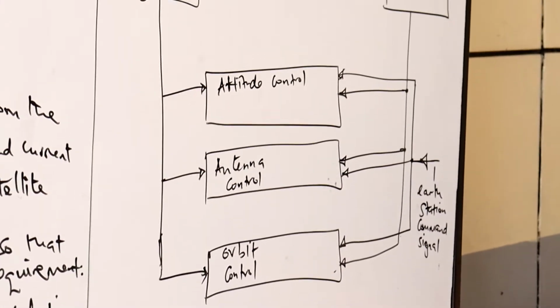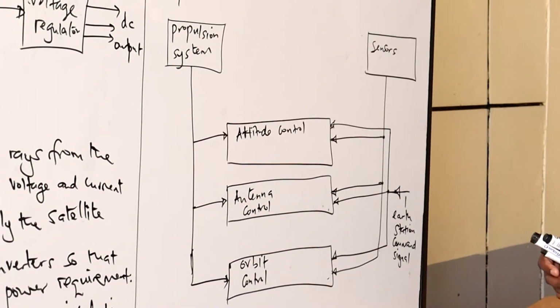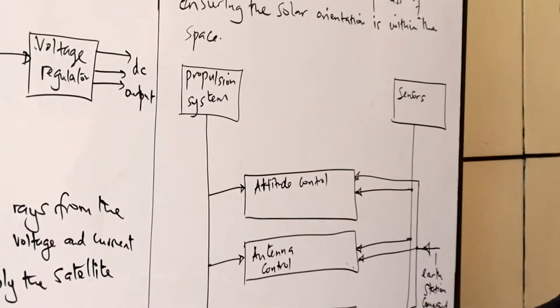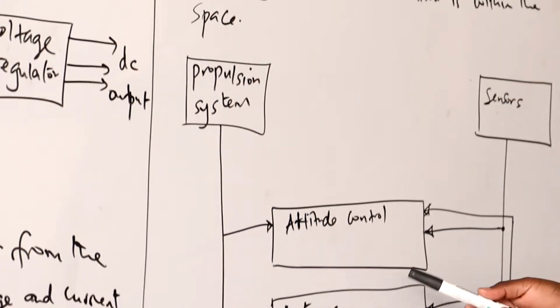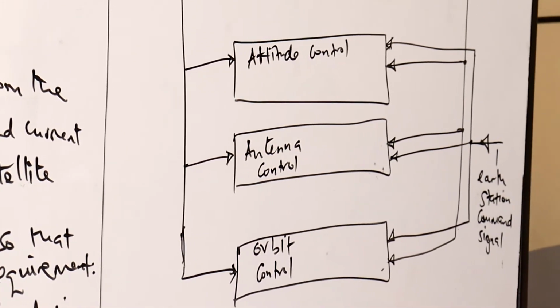So you can look at this diagram. It is a solar orbit and attitude control subsystem. When you look at this diagram, we have the propulsion equipment, the sensors, the attitude control, the antenna control, and the orbit control.